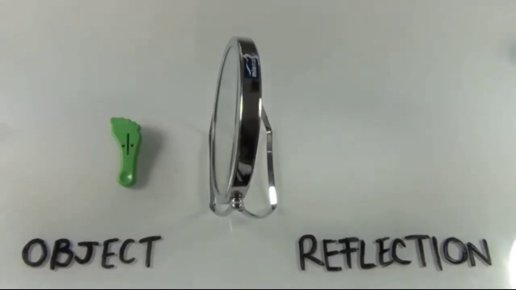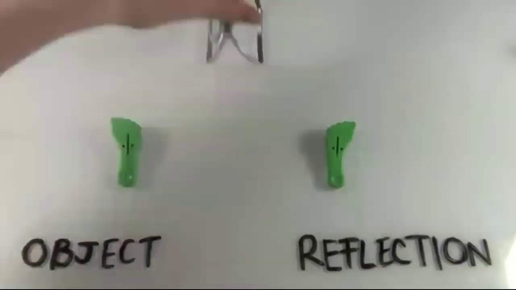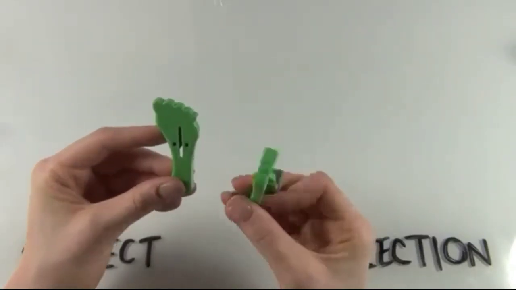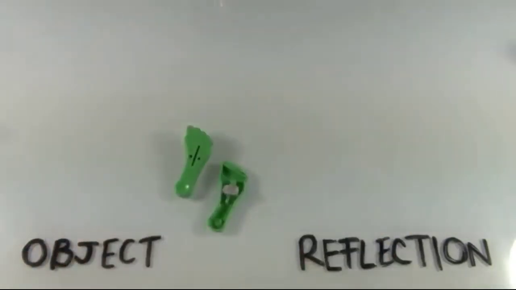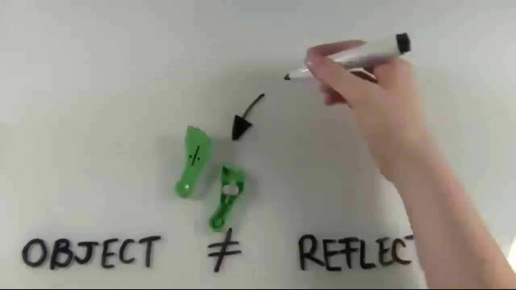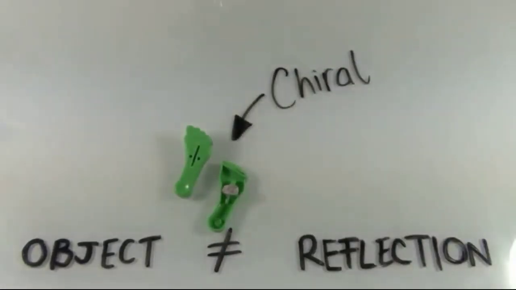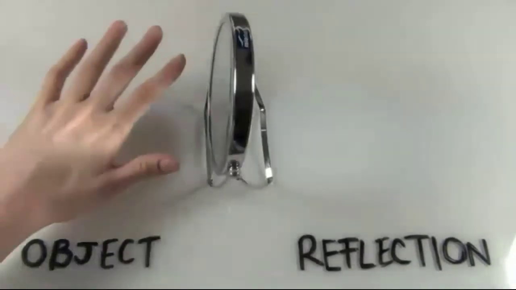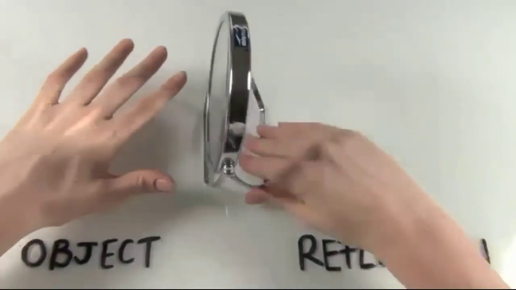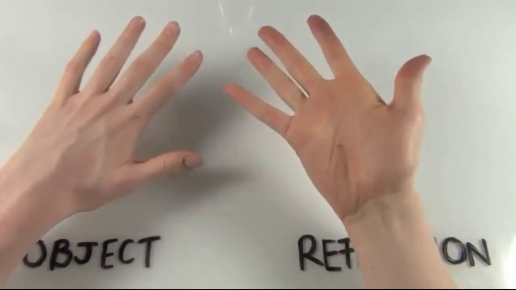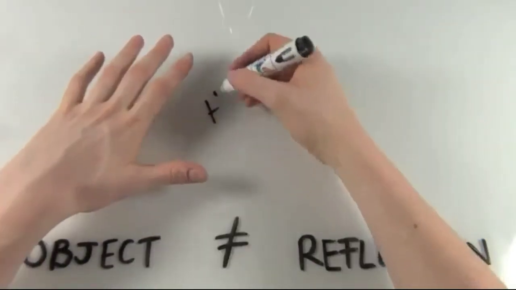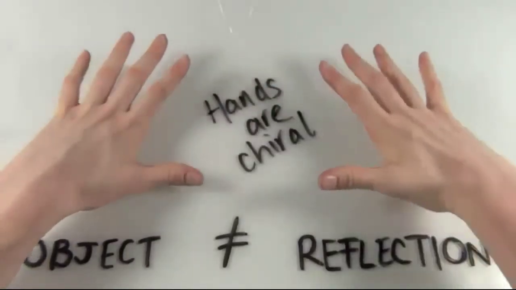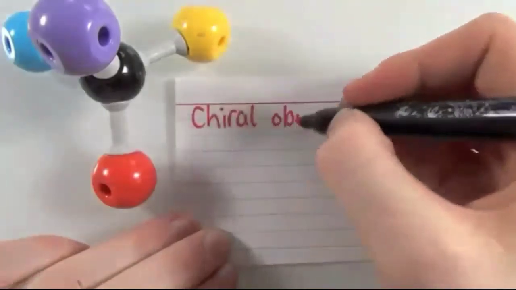And then another object is a foot shape. Obviously the foot shape is not identical to its reflection, so it is chiral. Now let's use our hands as our example. As we can see, our hands are chiral, or not identical to their reflection.